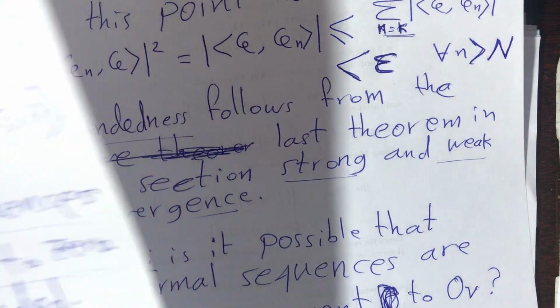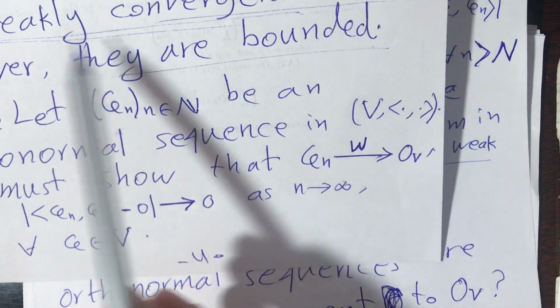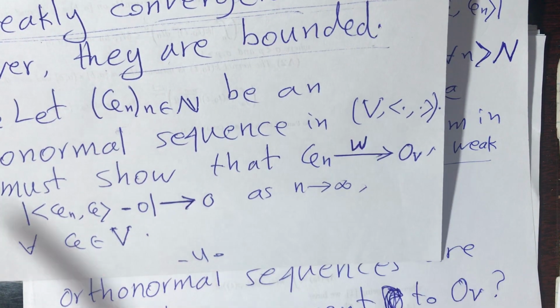Let me repeat the proof of this theorem. Orthonormal sequences are weakly convergent to 0, and they are bounded.